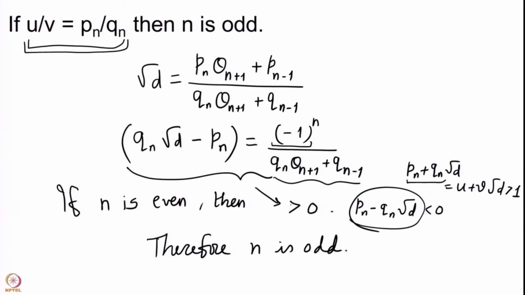We have proved that if we consider the rational number u by v, where u square minus v square d is 1, then it has to be a convergent to root d. Moreover, if it is Pn by Qn for some n being a convergent, that n has to be odd.